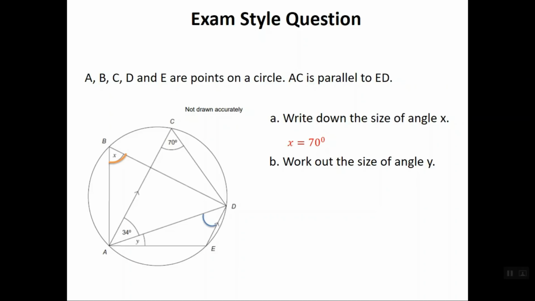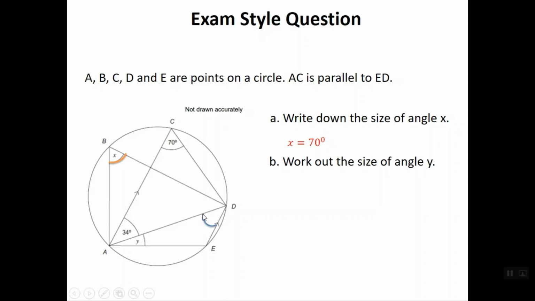And how can I go about finding that missing angle? Look carefully at what's happening, guys. If I look at this line here, AC, it's parallel to DE, which means that I'm also seeing this line, which would be like a transversal there, which means that this angle here, which is 34 degrees, would be exactly equal to this angle, which we don't know.